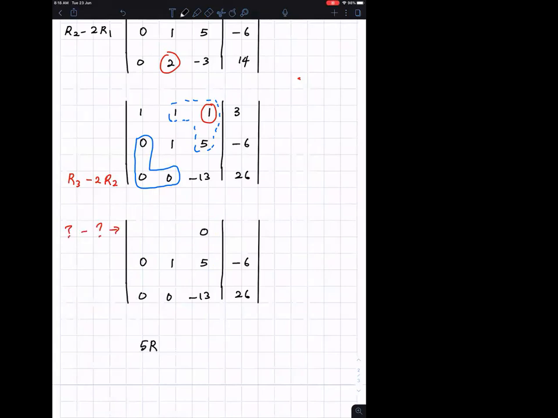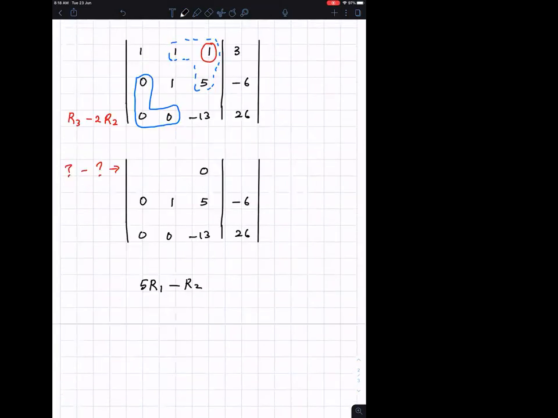Five R1 minus R2, sir. 5 times R1 is 5, 5, 5, 5, multiplied by, so it's 15, right? Yes, sir. 15 minus R2. R2 is 0, 1, 5, minus 6.